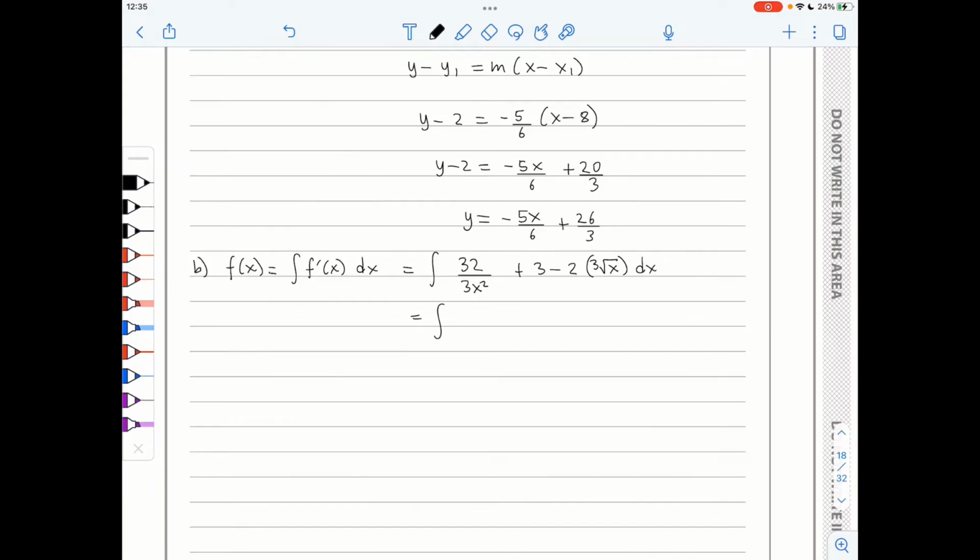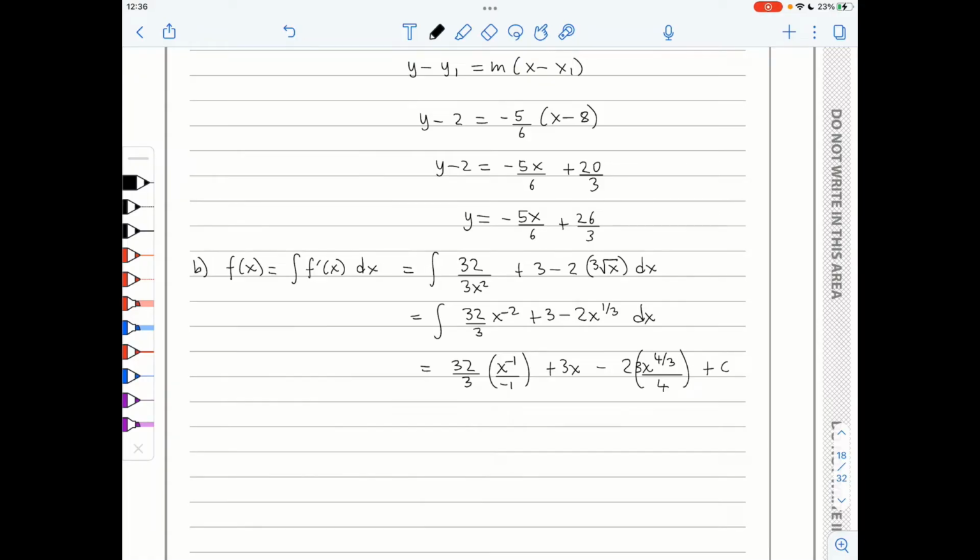This is written as 32 over 3 x to the minus 2 plus 3 minus 2x to the one third. This will allow me to perform the process of increasing the power by 1 and dividing by the new power. So it will give me 32 over 3 x to the minus 1 over minus 1 plus 3x minus 2x to the 4 over 3 over 4 over 3 plus c.